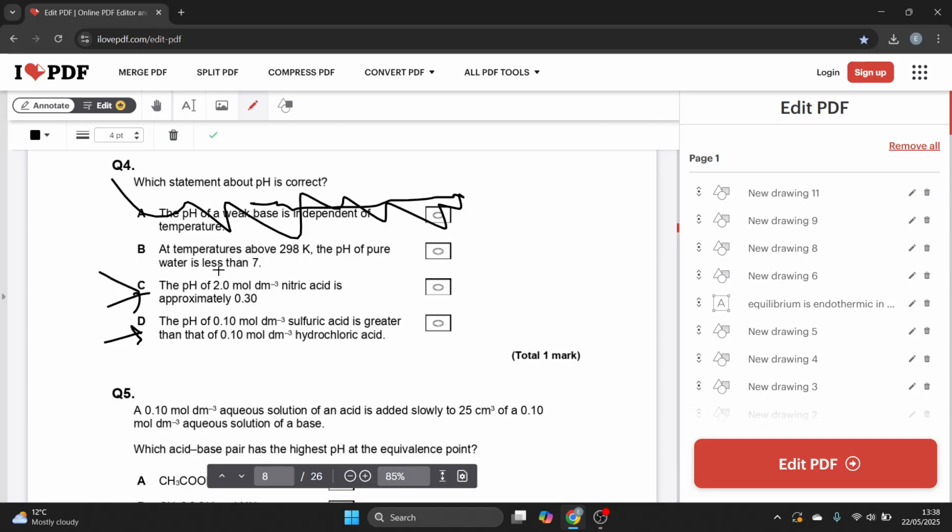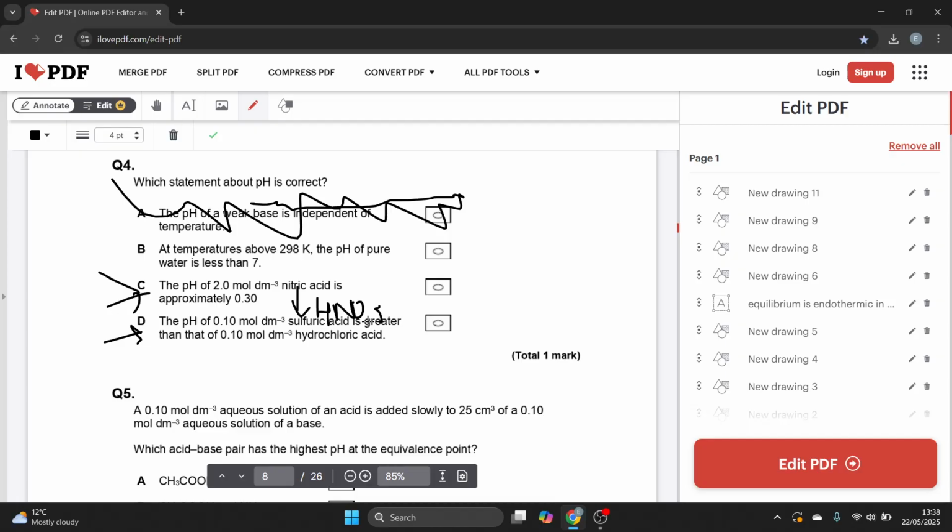So the pH of this, approximately 0.30. Nitric acid, so it is HNO3. Minus log 10 of that. It is minus 0.30, so that's wrong.